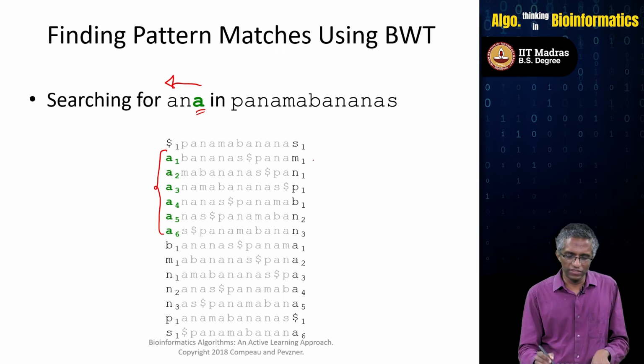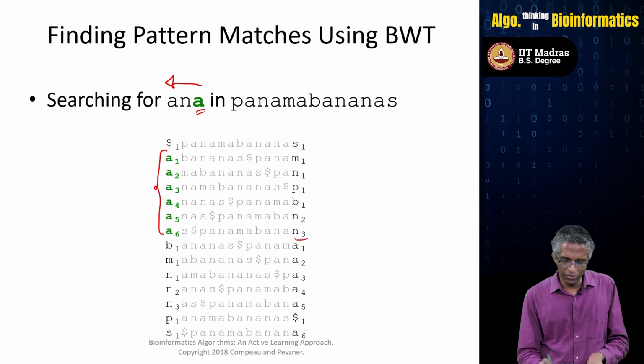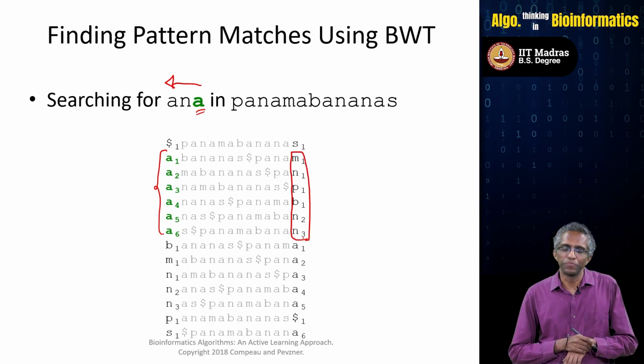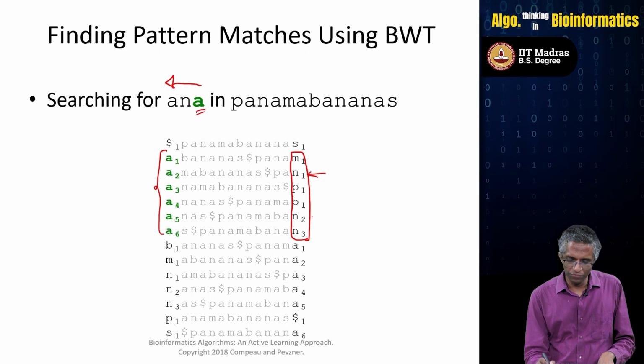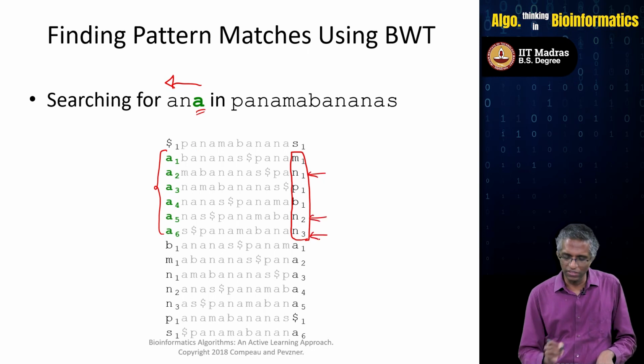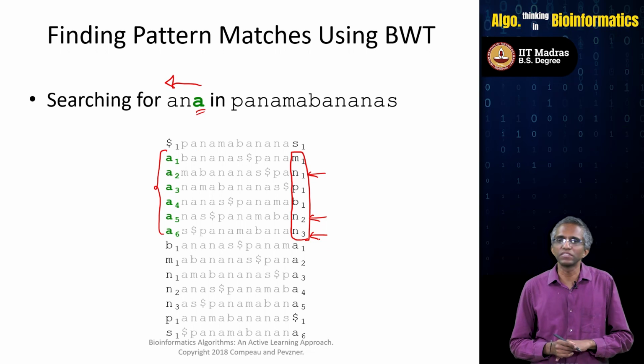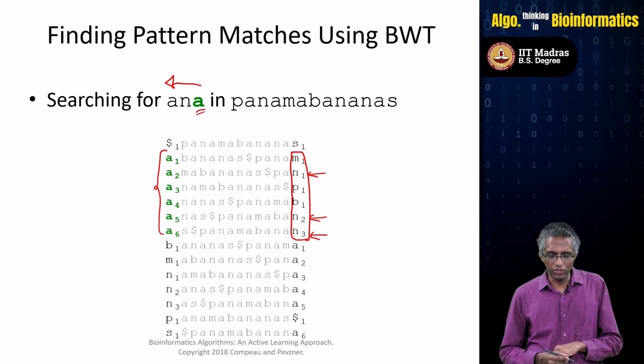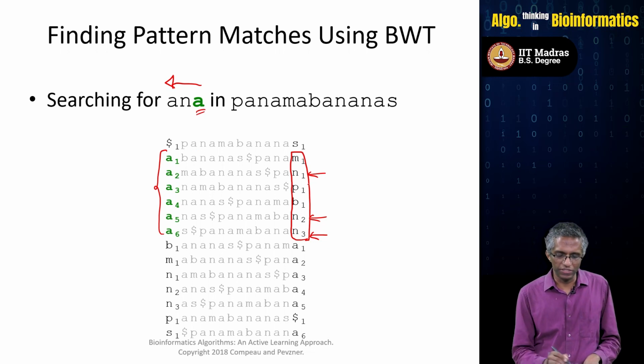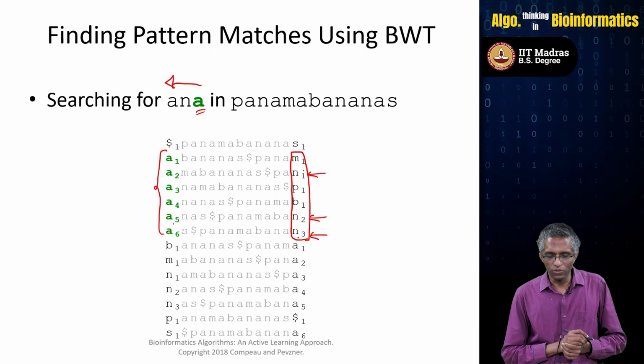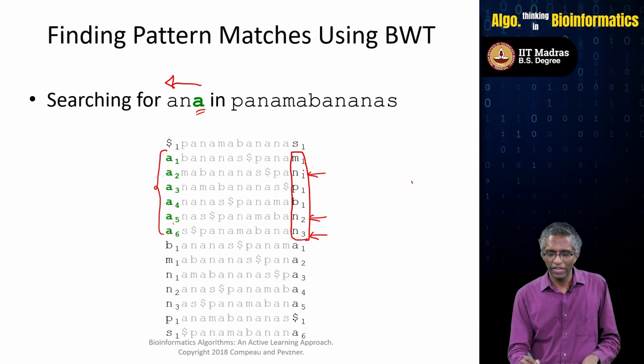That letter is in the last column, so we look here and see which ones have an N in them. This has an N, this has an N, this has an N. So all of these are potential hits for Anna, because all of these are saying that NA is present. A2, N1 will be one NA that is present, A5, N2 and A6, N3 are all 3 places where NA is occurring.